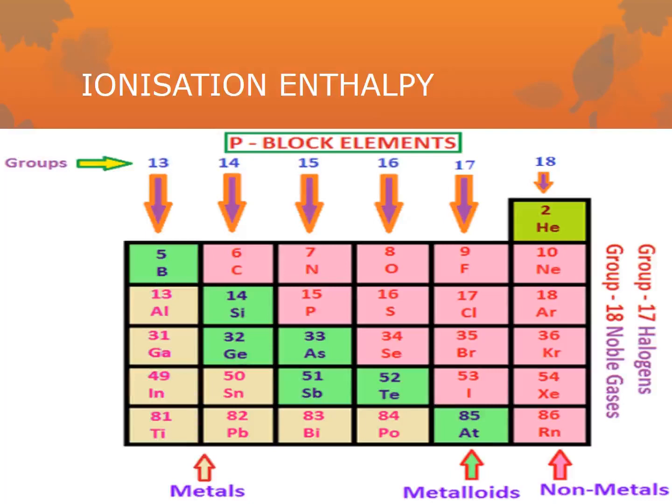The atomic radius of boron is very small, so it has a high nuclear charge. These properties are responsible for non-metallic character. So in the groups, the non-metallic character increases.